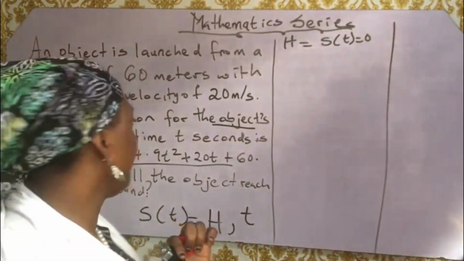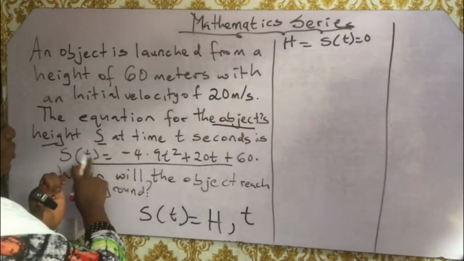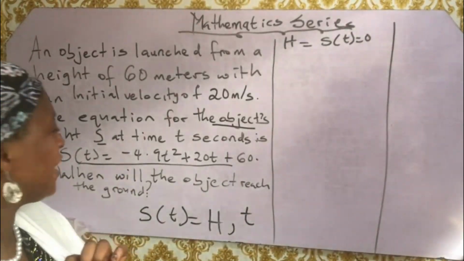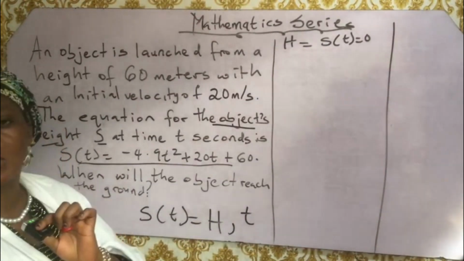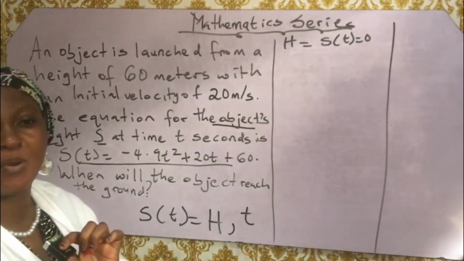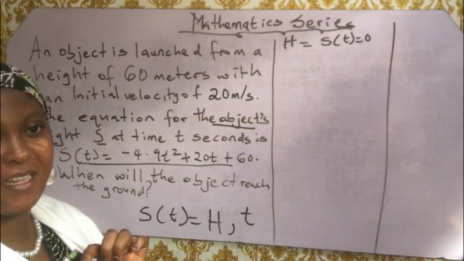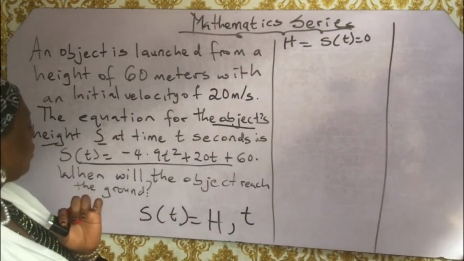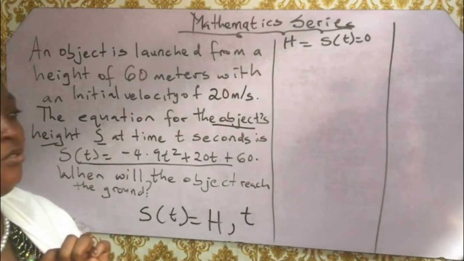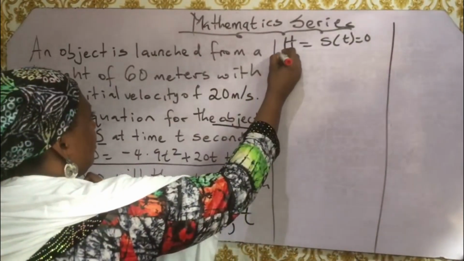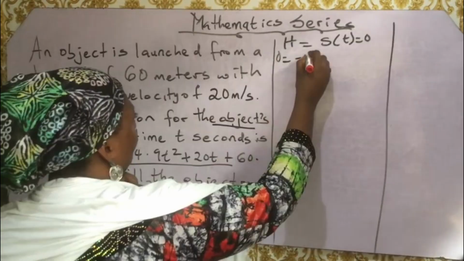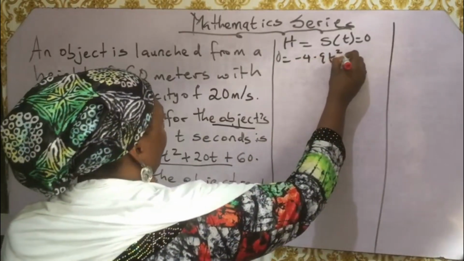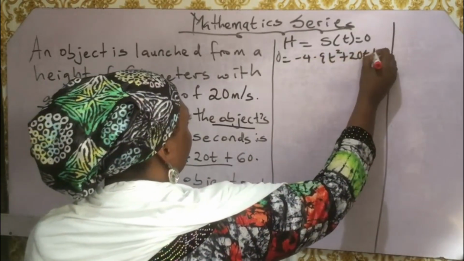You equate this equation to 0, because this equation, negative 4.9t squared plus 20t plus 60, is representing the height. When will the object reach the ground? That is when the height is set to 0. That is 0 equals negative 4.9t squared plus 20t plus 60.